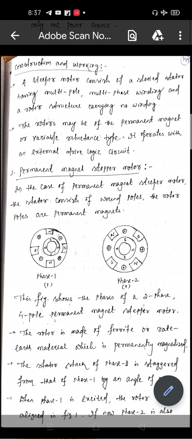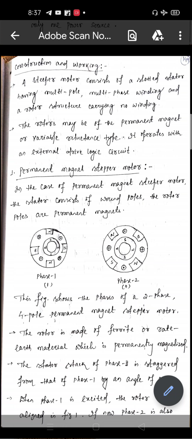A stepper motor consists of a slotted stator having multi-pole, multi-phase winding, but the rotor has no winding.